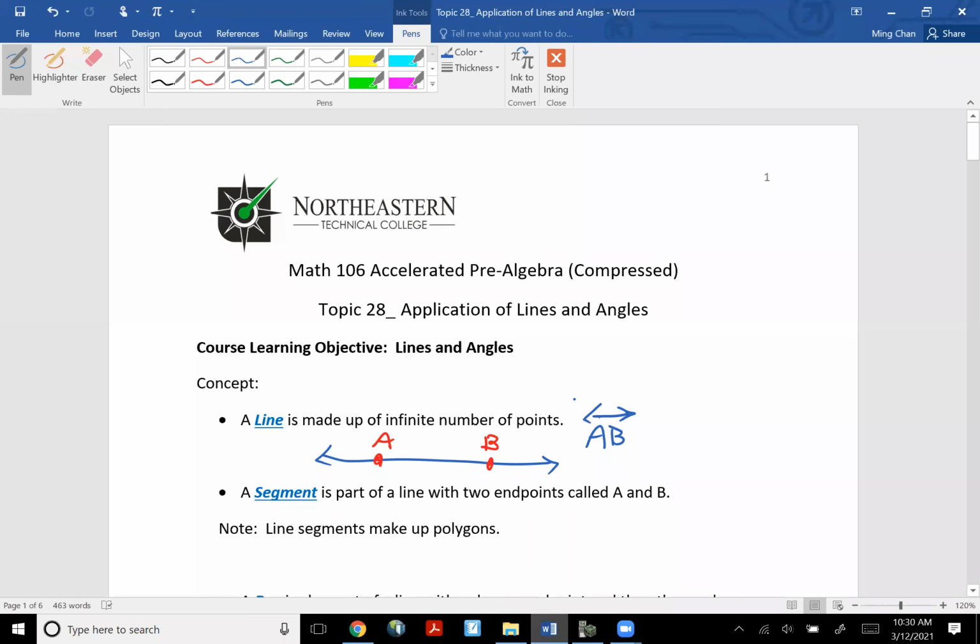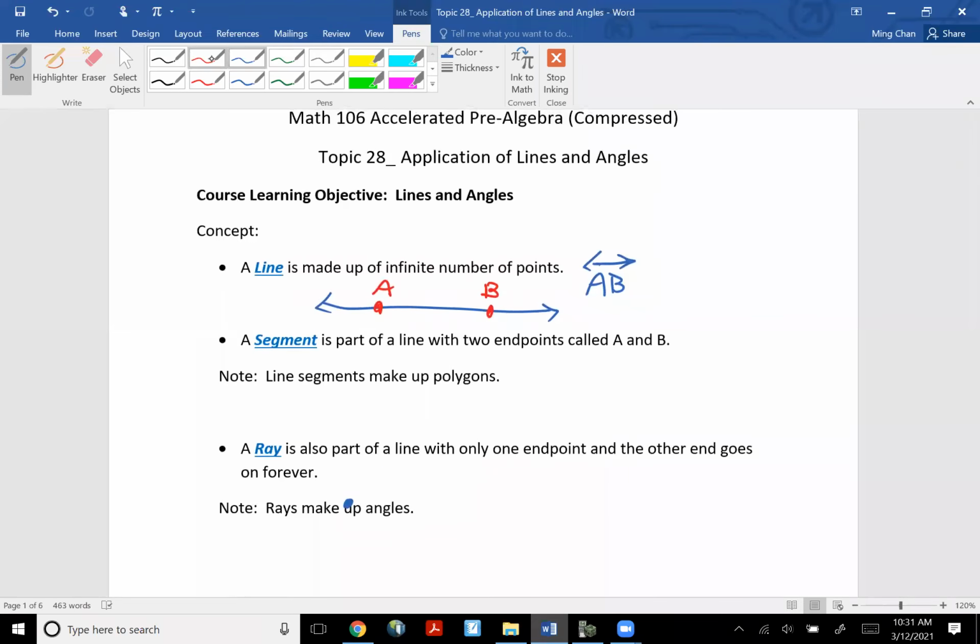So remember, lines never end. That's why number lines never end. There are an infinite number of numbers on a number line, because lines never end. A segment is simply part of a line with two endpoints. I'm going to call them A and B for right now. If I chop off the left side and the right side of point A and point B, then what's left is called a segment.